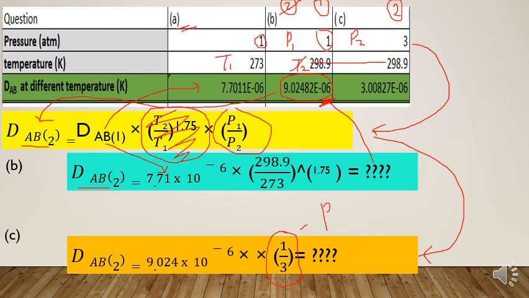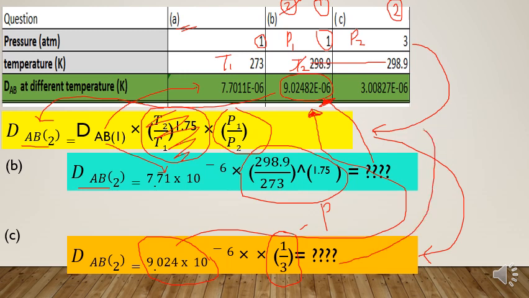However, for question B there is a term for temperature, because there I compared A to B, but for C I compare B to C. For DAB1 here, it is the DAB that I already determined in question B. Lastly, I managed to get the DAB for question C, which is this one.